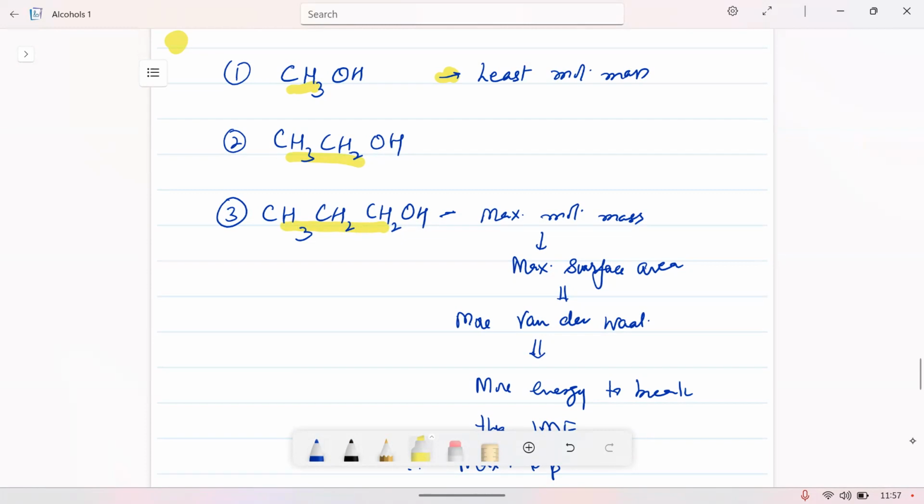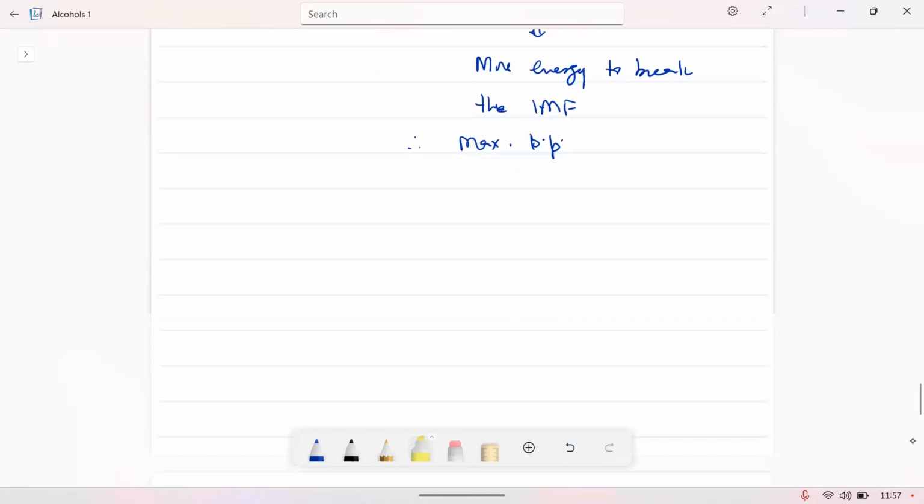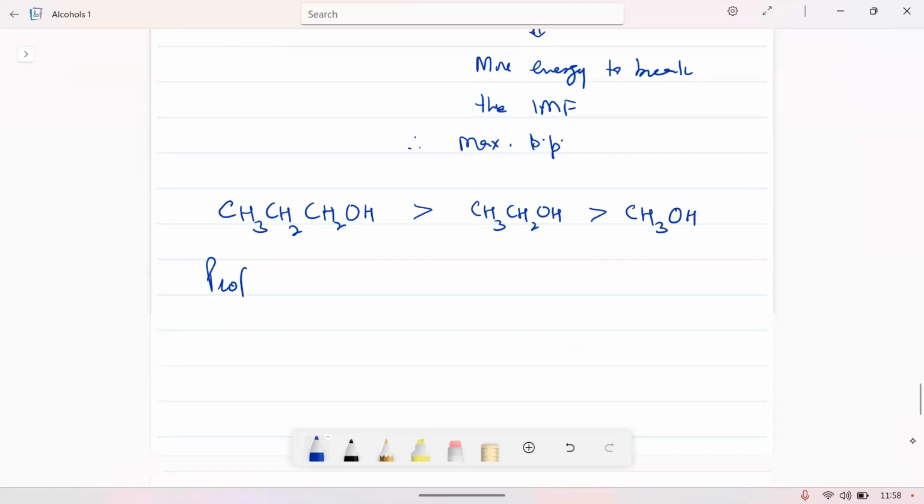So therefore, sorry, we are not talking about the tertiary. So this thing, the CH3CH2CH2OH will have a higher boiling point compared to ethanol, which is more than methanol. So this is propanol. This is ethanol, and this is methanol.